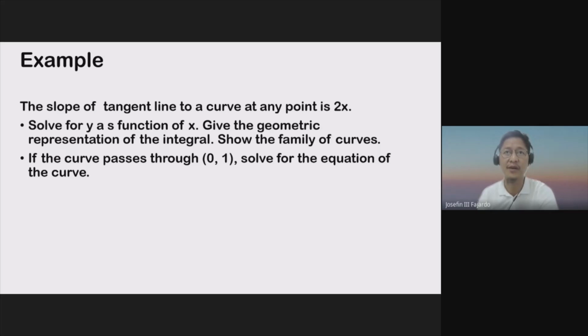Di ba, if you remember our lesson in Calculus 1, the slope of the tangent line is actually the derivative of the function. So dito naman, babalik din tayo. Given ang derivative, paano mo makukuha yung original function? To identify the original function given the derivative, you need to perform what we call the antiderivative.